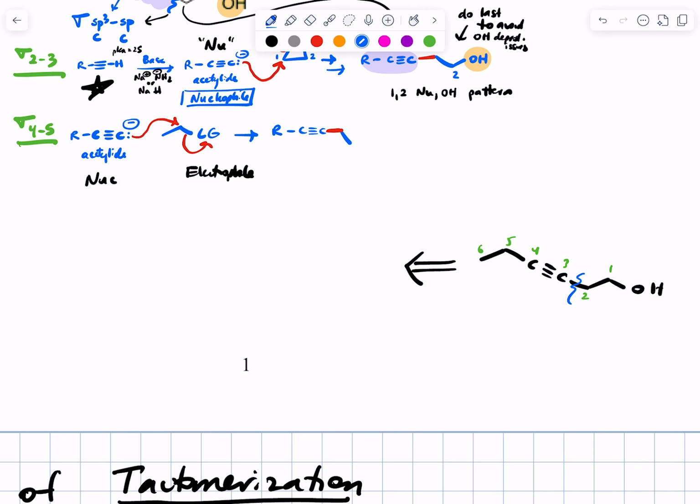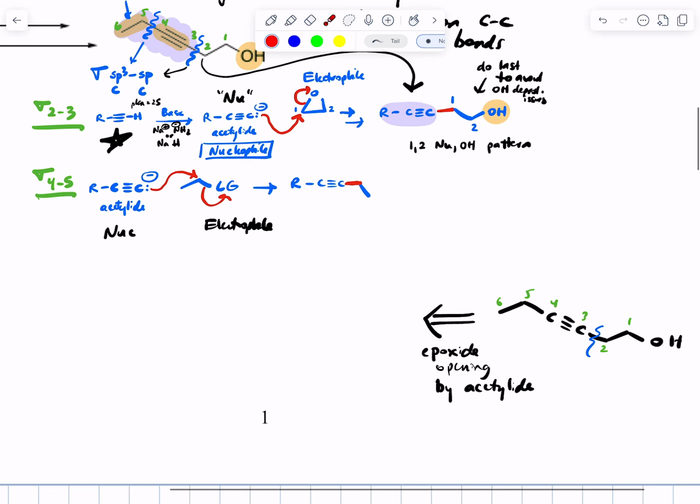And what I'm going to do is write what kind of reaction it is: epoxide opening by an acetylide. And then I'm going to draw what the starting materials were, and I'm going to use my sketch here to tell me.